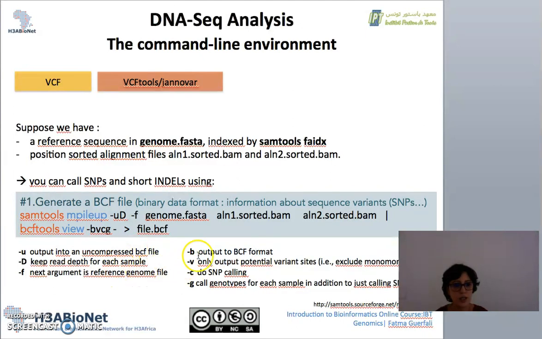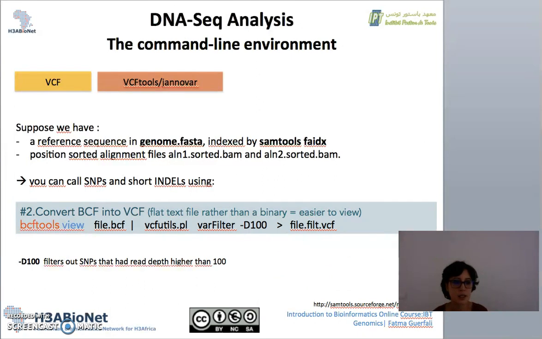In here, the idea is that you take a genome, with the FASTA sequence of that genome, use some different options, use different files you have, and pipe everything to the BCFtools. You have the explanation of the different options in here. And then at the second stage, you convert the BCF into VCF. Again, this is just done using one simple command line, and you have many options you can use in here.